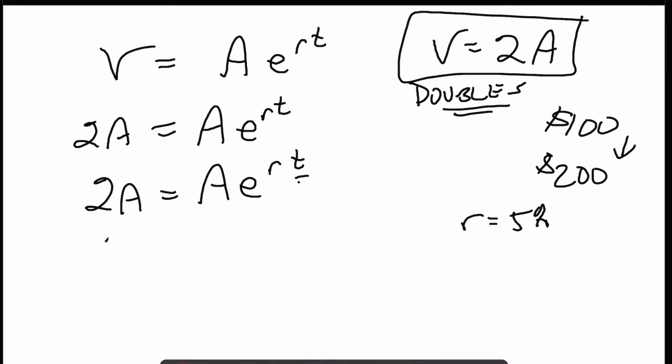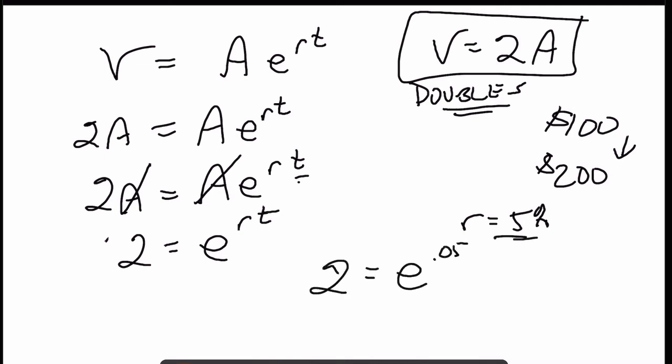Well, first, I can do a little math, right? I can get rid of that and get rid of that. So I can say 2 equals e to the RT. Then I could put 5% in for R. I can say 2 equals e to the 0.05t. Now, how do I solve this?